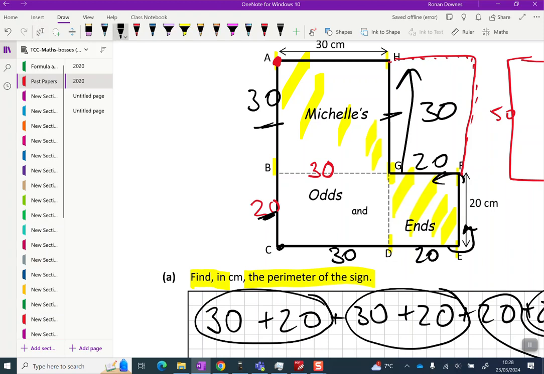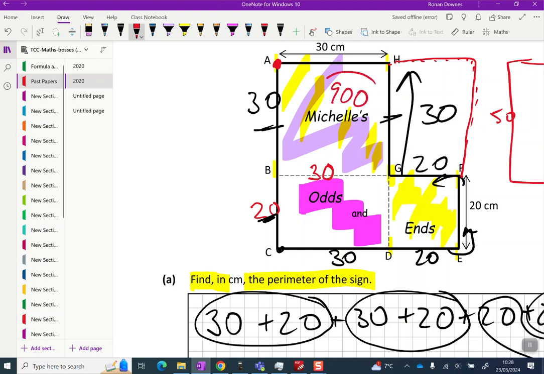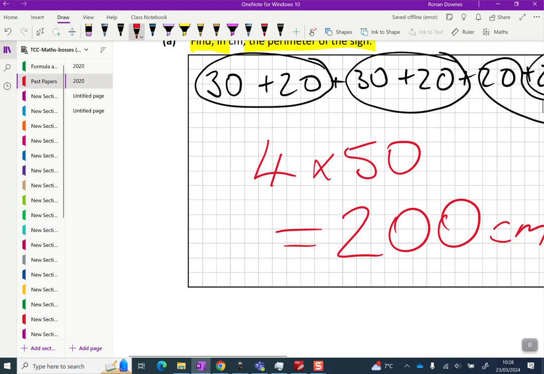So we will think of it as adding up 1, 2, 3 areas, and their partial areas, the area of each one is 900 because 30 30s is 900, 600 because 20 30s is 600, and 400 because 20 20s is 400. So these are the numbers we need to add: 900, 600, and 400.